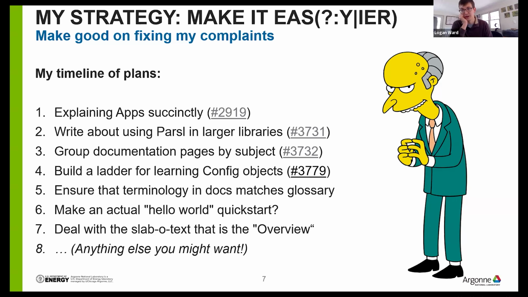I want something even dumber as a way to start out. Then I want to overhaul the overview. And that's about it for things I think I'm going to be doing or have bandwidth to do in the next two to three months. But is there anything that has jumped out to people in the documentation?